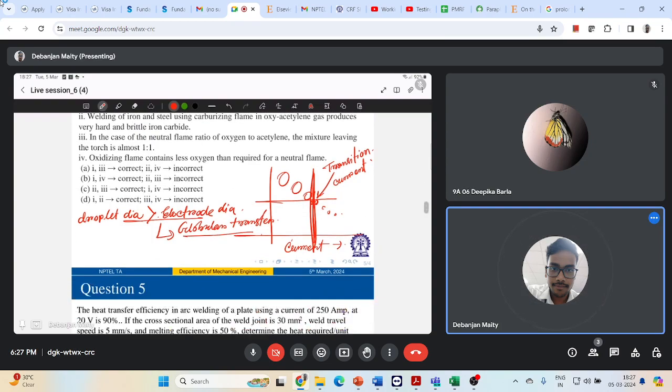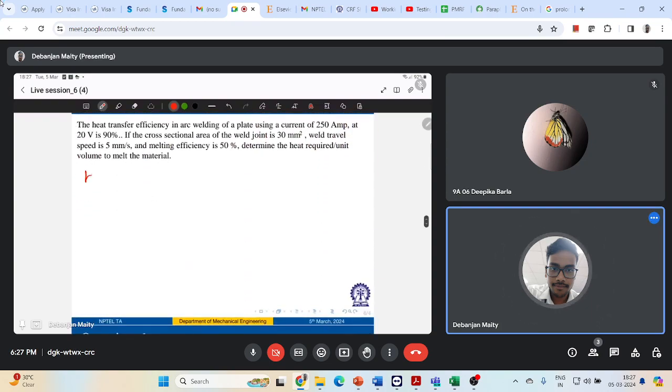We have helium gas, then active gases like carbon dioxide or nitrogen. Although helium is an inert gas, it does not produce axial spray transfer. If you are using helium gas, the transfer will be globular in nature.